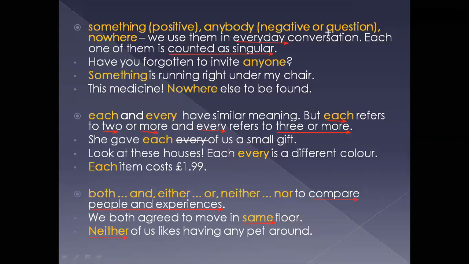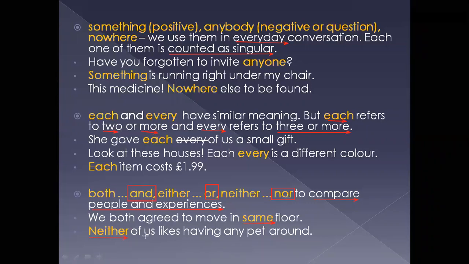Okay, there's one more thing I would like to mention to you here. You must be wondering about both and, either or, neither nor. If you think about neither of us, do we need to use nor? Not yet.